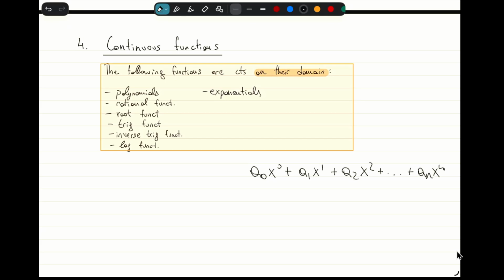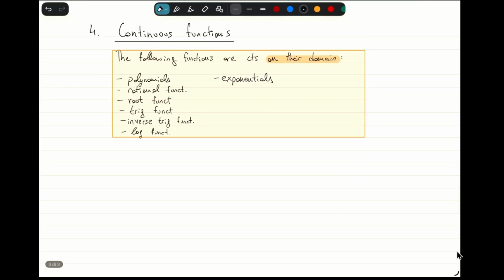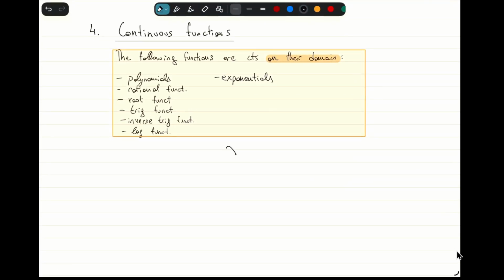It's going to be continuous on its domain. Rational functions, so anything of the form, it could be x squared over x minus 2. Actually, this is a bad example because it factors out. It could be x squared plus 6 over x minus 2. It's going to be continuous except at x equals 2.